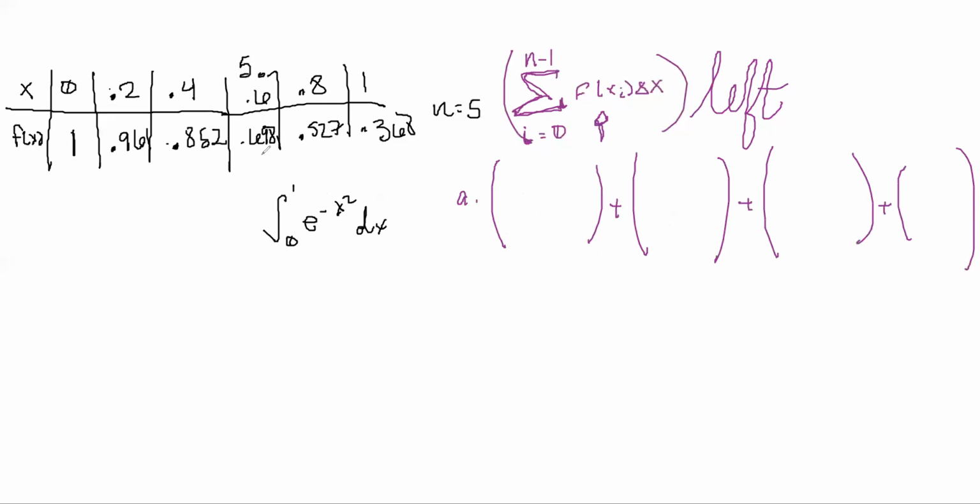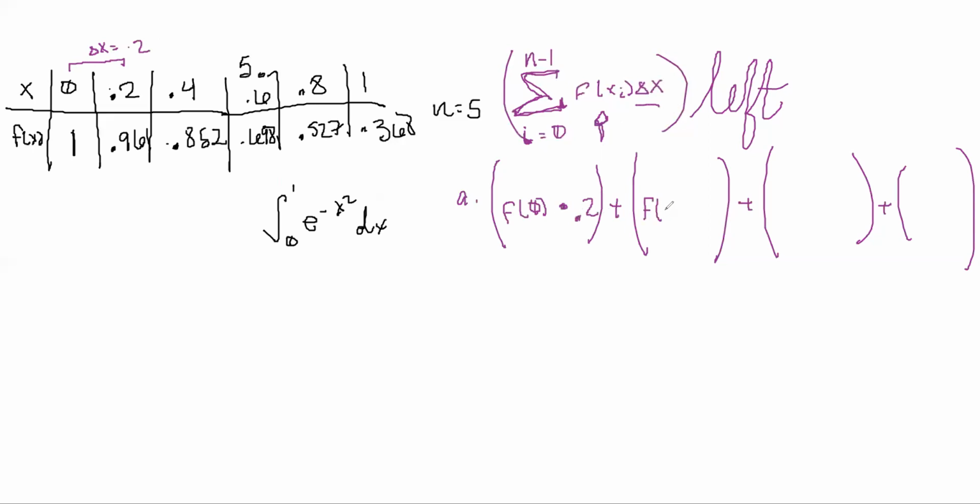So the first of our numbers is going to be x is equal to 0. So f of 0, times delta x, which in this case is the distance between x values. So this is equal to 0.2. So this is times 0.2.